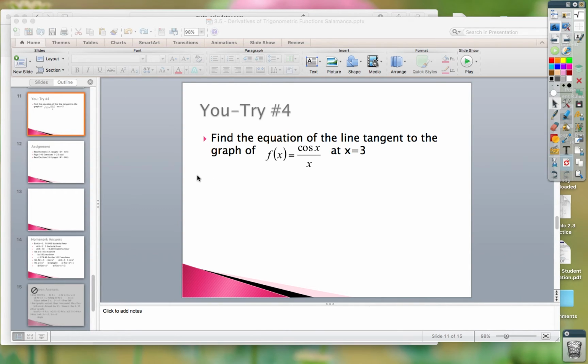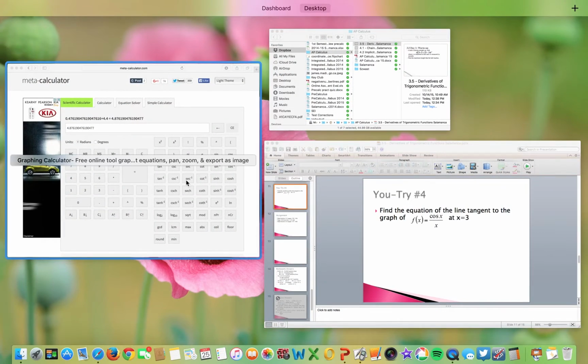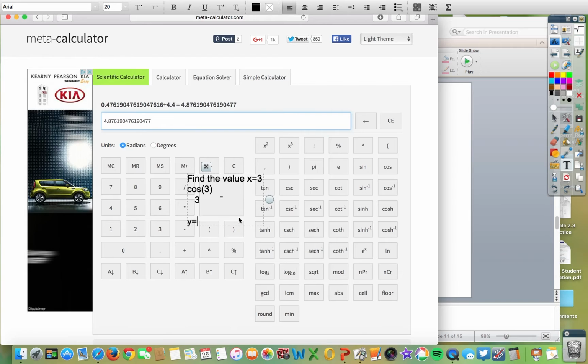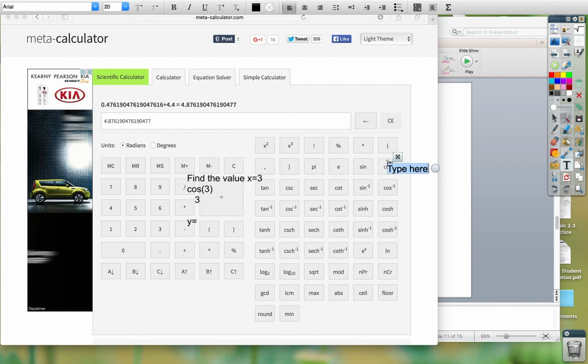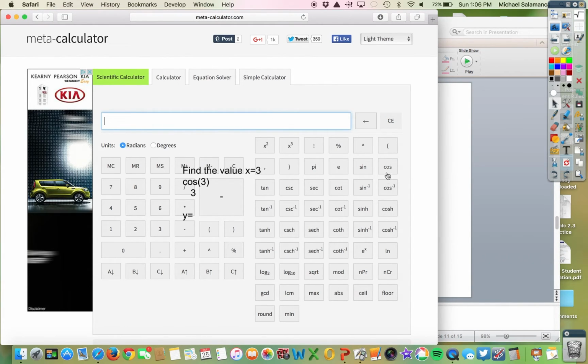So again, we're going to find the value at x. Find the value at x equals 3. So cosine of 3 divided by 3 is going to give us that y value. So we know here that y is equal to cosine of 3 divided by 3.